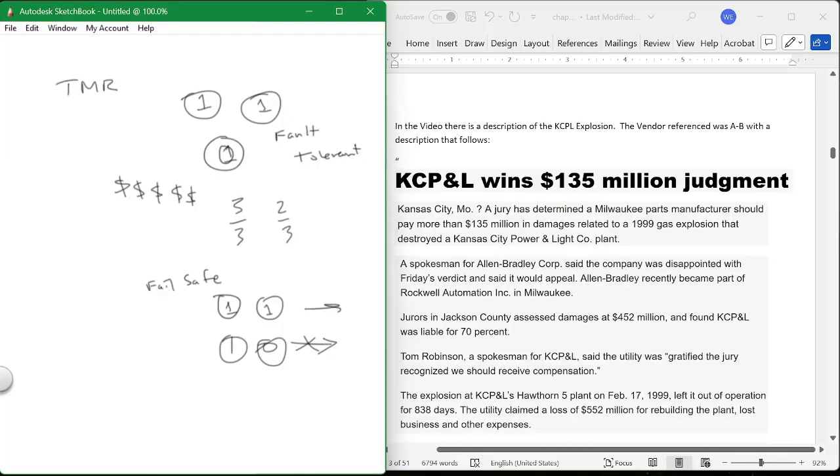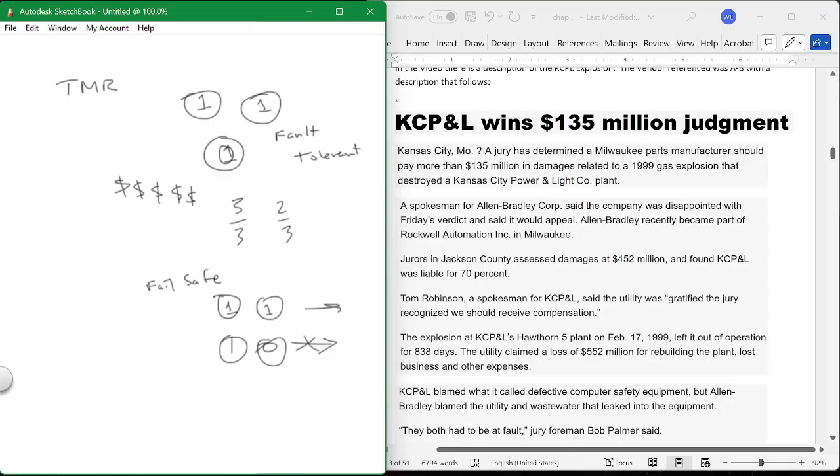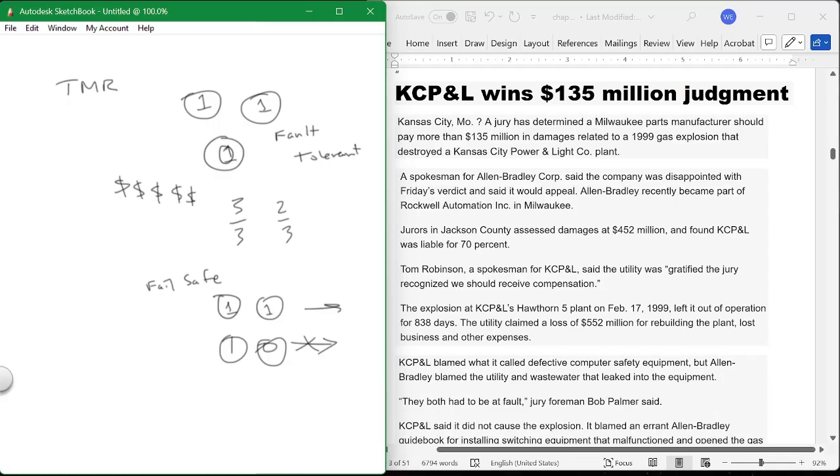Okay, now this is an article from who? Who wrote this article? Siemens. Who's it about? Allen Bradley. Losing $135 million in a lawsuit because a plant blew up, and what happened? Somebody got killed.